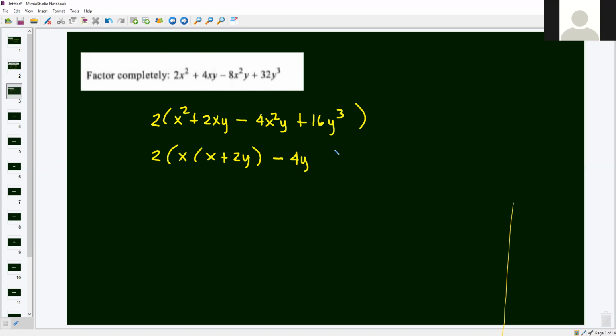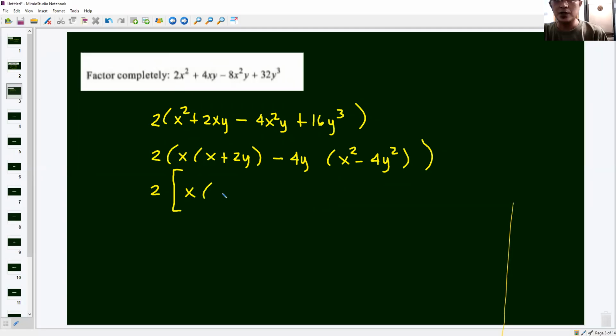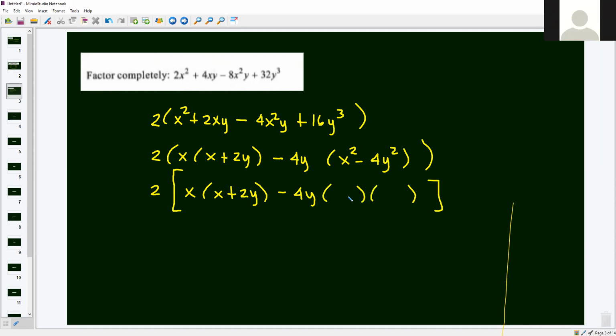So, may matitirang x squared, negative x squared, minus, magiging minus, no? 4y squared. Ayun. Then, hindi pa tapos. X plus 2y minus 4y. Then, dalawa to. 2y, x plus minus 2y, x minus 2y.